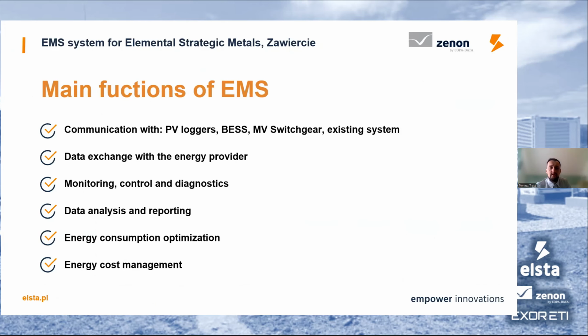And the main function of this EMS, which we wanted to integrate, was to communicate everything what is possible, to gather as much data as possible, exchange some of this information with the energy provider, provide the customer monitoring and control, provide the proper data analysis and customer reports, and overall to optimize the consumption and enable energy management costs for the client.